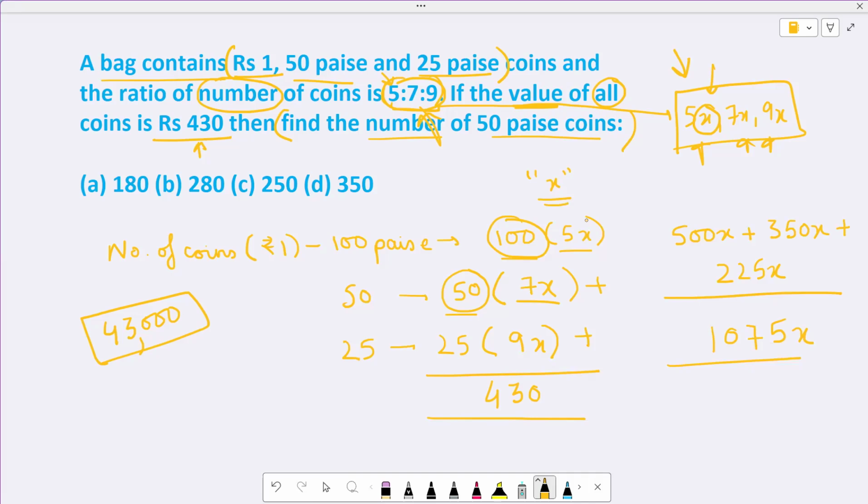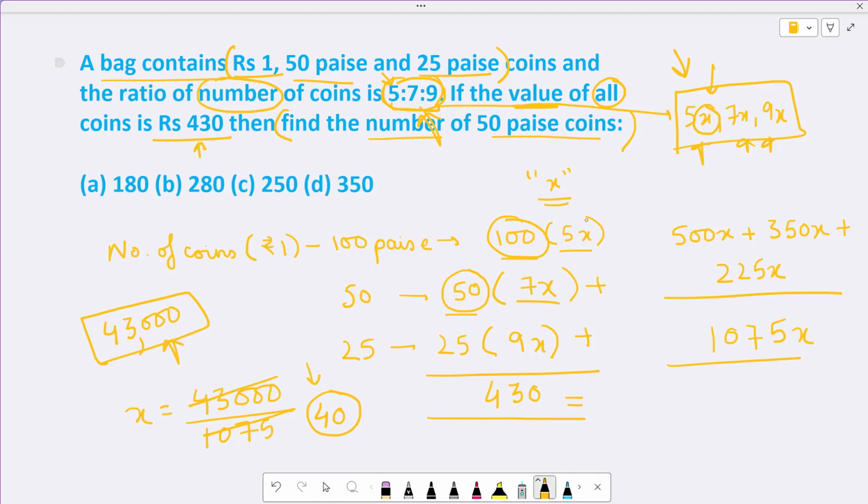Now this here is the actual amount, which is equal to 430 itself. But since we're talking about paise, we'll write it in this form itself. So x will be equal to 43,000 divided by 1075, which when we cancel, we get 40. So the value of x will be equal to 40.